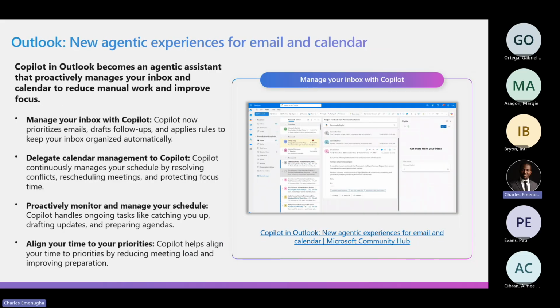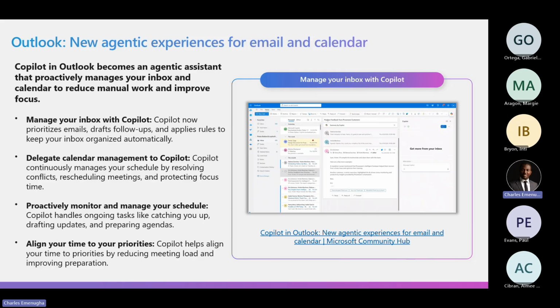Now, I'm just going to have this video play, but what this is really showing is the ability for you to now manage your inbox without just reading or replying. So this is really the steady work of keeping things moving. Copilot in Outlook has now been improved to take on that work for you by helping you prioritize emails, surfacing what needs a response, drafting follow-ups, and also setting up rules to keep your inbox clutter-free.